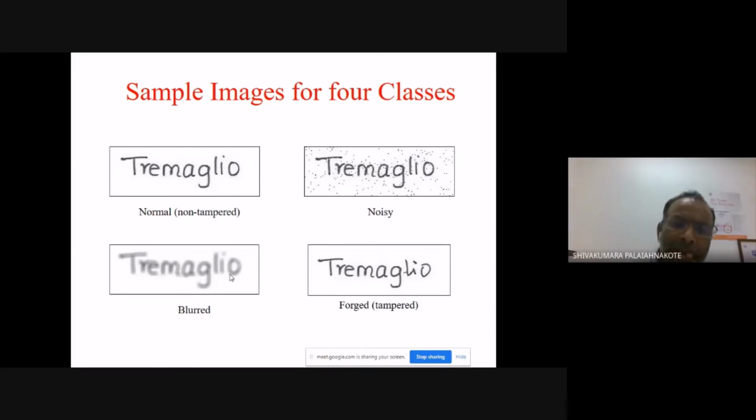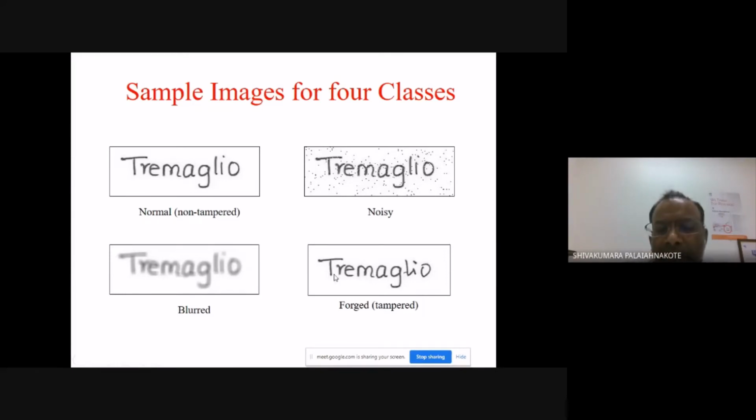Now what I'm saying here, this is the one class normal, that means non-tampered, so we don't tamper. This is the original image. This is noisy: we use the original image to add some noise, and again we use some function to add blur to the original image. And this is forged. What is forged? They changed something here. This whole word is forged now.